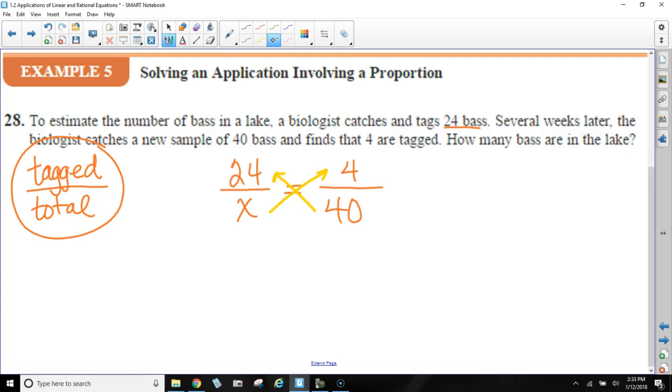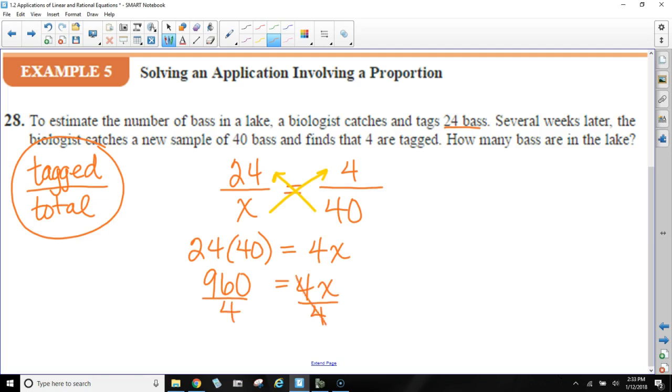So 24 times 40 equals 4 times X. 24 times 40 is 960. Divide both sides by 4. And so X, which we didn't write, we probably should have said what X is.